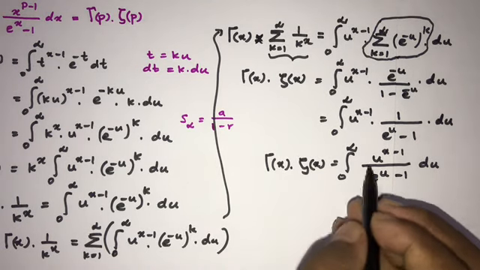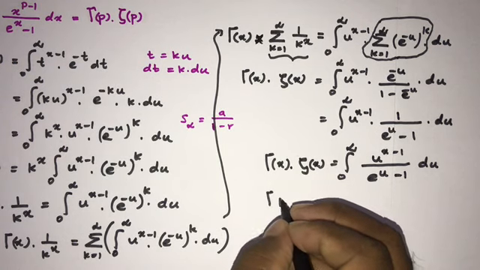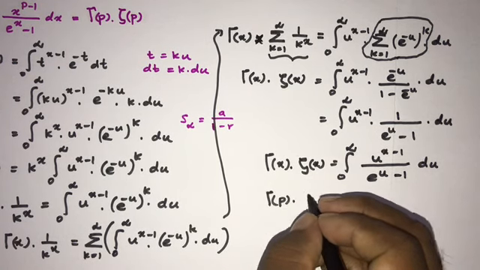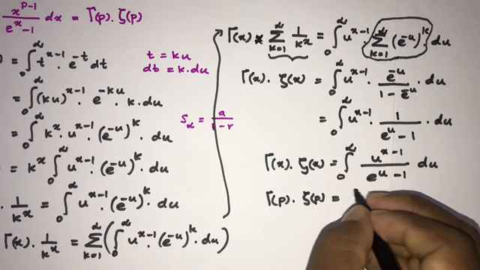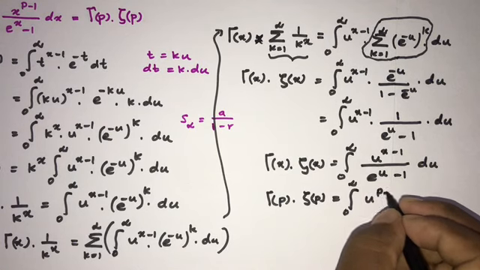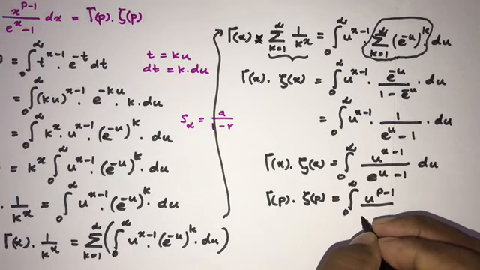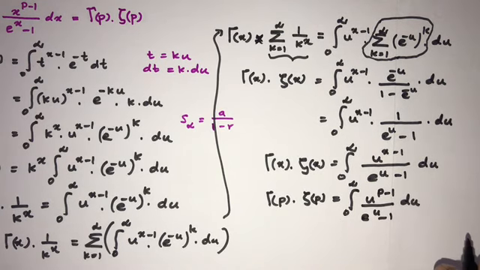Well, now instead of x we can substitute p, so we can write gamma of p times zeta of p is equal to the integral from 0 to infinity of u to the p minus 1 over e to the u minus 1 du.